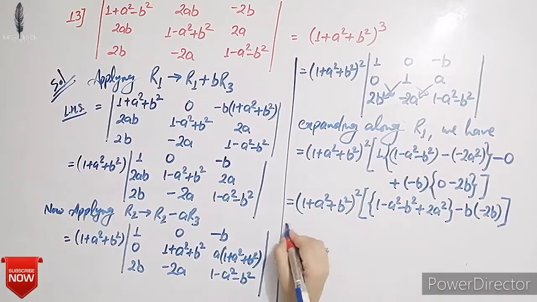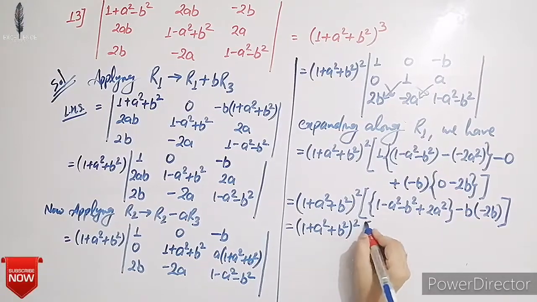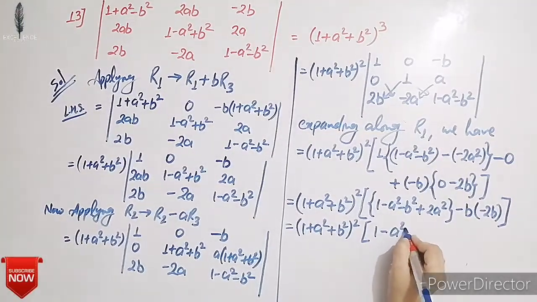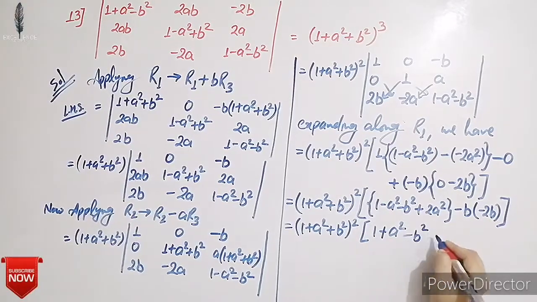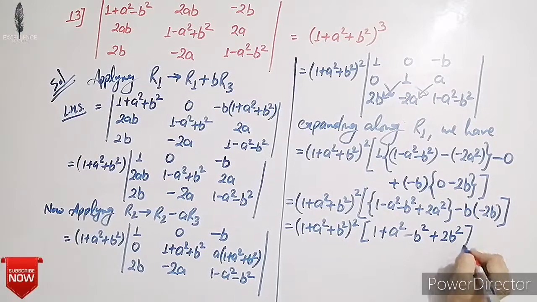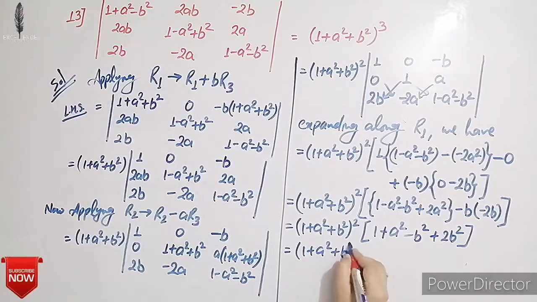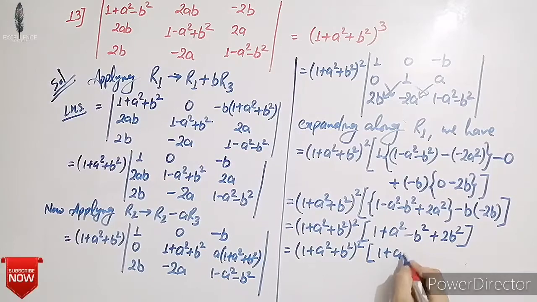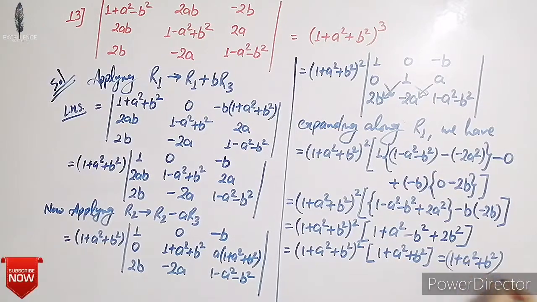that is equals to 1 plus a square plus b square whole square into 1, here 2a square minus a square, that is plus a square minus b square plus 2b square, equals 1 plus a square plus b square whole square into 1 plus a square plus b square, that is equals to 1 plus a square plus b square whole cube is equals to RHS.